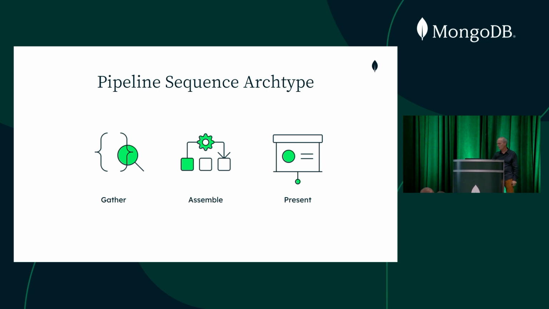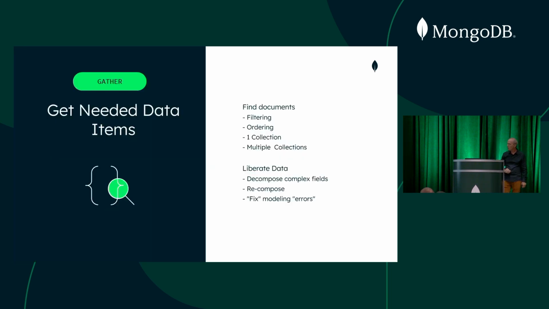Let's break it down a little more. We're going to go into the gather stage. What do we do in gather? Well, largely we find documents. We look to things like filtering, putting documents in order for the next stage to have things in a certain order.